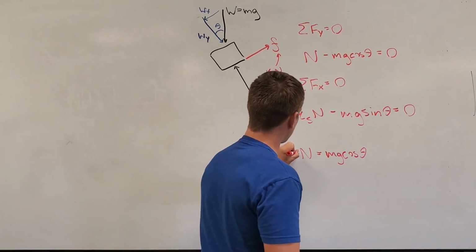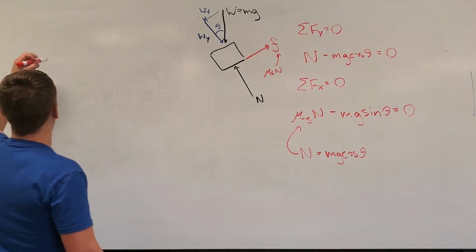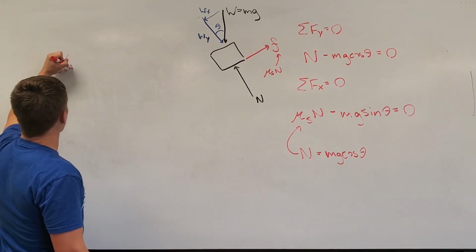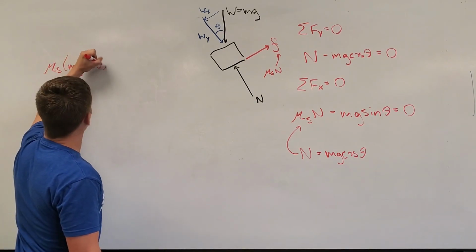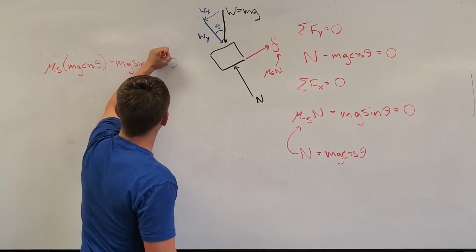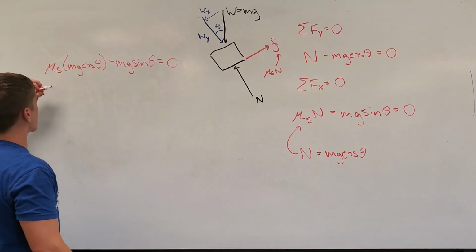I can take this and plug it into our x equilibrium equation. So now I have that my coefficient of static friction times mg cosine of theta minus mg sine of theta is equal to 0. I can go ahead and move this negative value over to the other side of my equation.